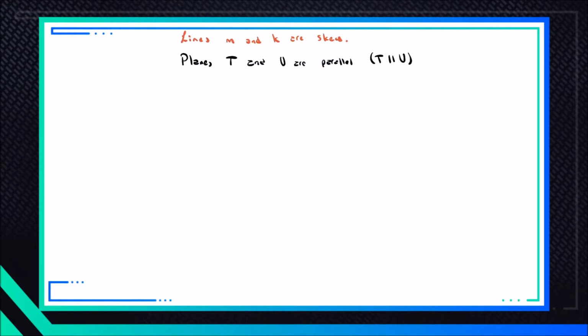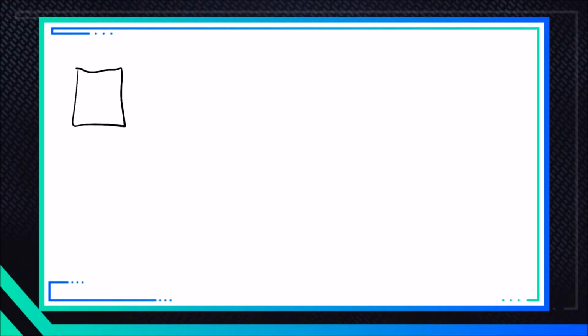And so if we were to do an example of identifying some parallel lines, some skew lines, etc., I'm going to start off by drawing a quick cube. And to draw a cube, we're going to just go like this. We'll go out to here, go straight across, and this is where we get nitpicky. That's okay.